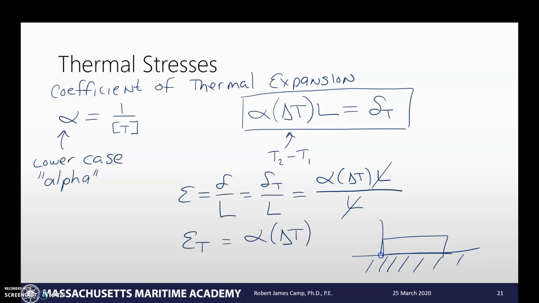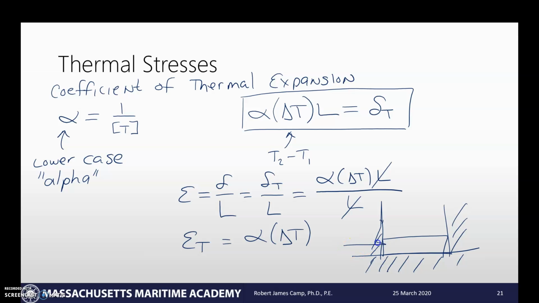And if I put a wall here now, and I let it get hot, what happens? Well, it expands that way because it's not going to expand the other way, because it's bound. There's going to be no stress in it, no internal force in it. How do I get an internal force in it? Now I put a wall there. Now I heat it up. It tries to expand, but it can't.